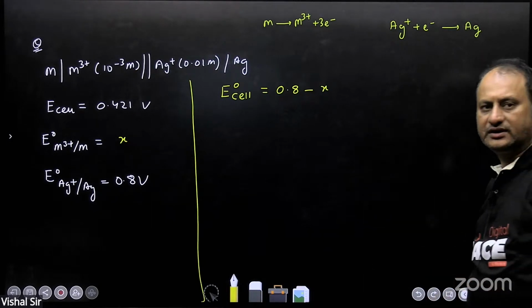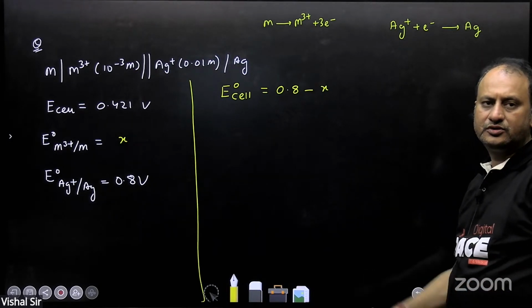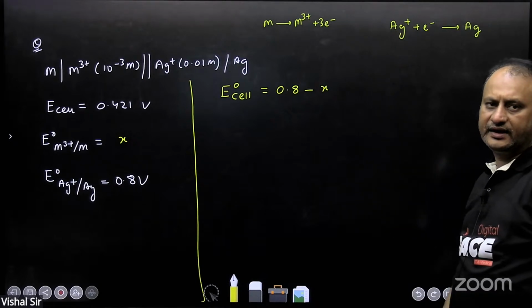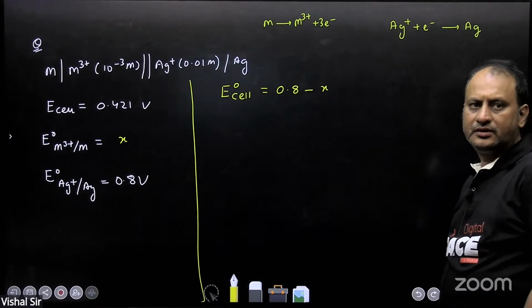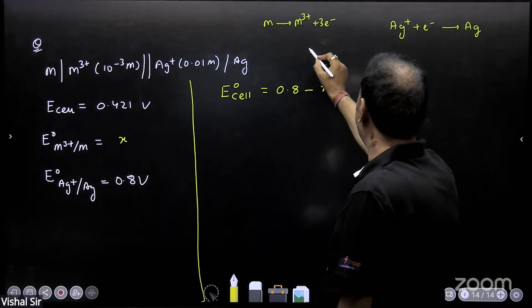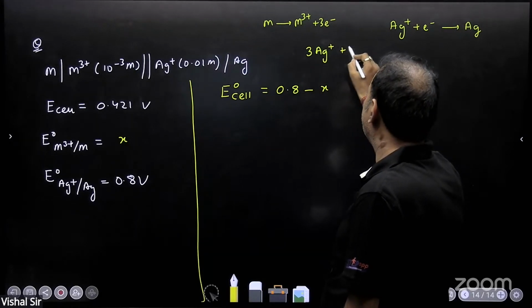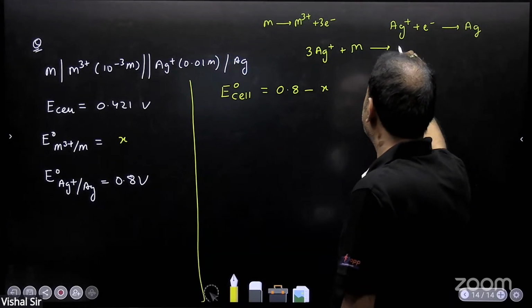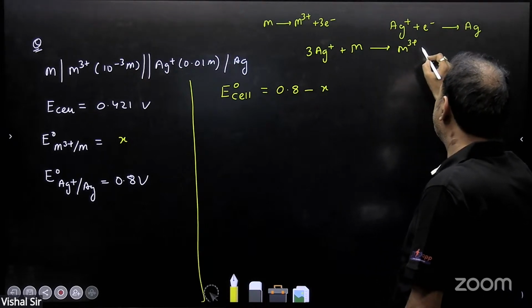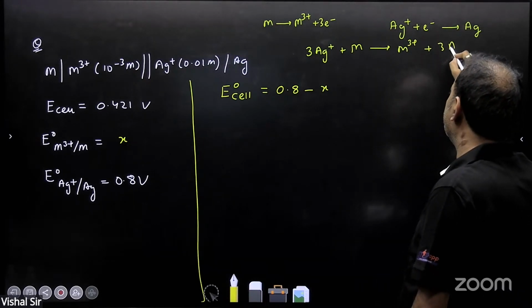Overall reaction, when you add these two, you have to balance the electrons. So the overall reaction will become 3Ag plus M goes to M3 plus 3Ag.